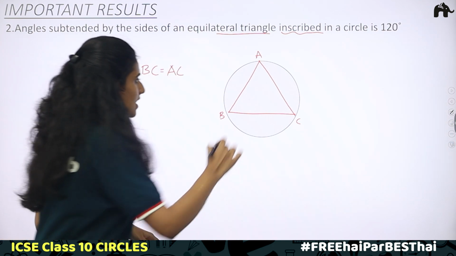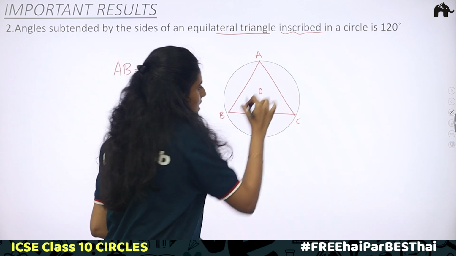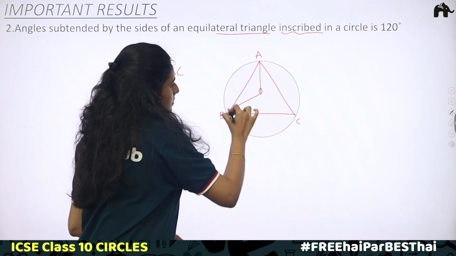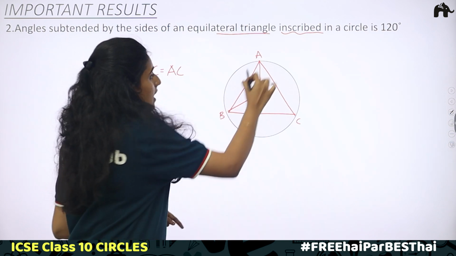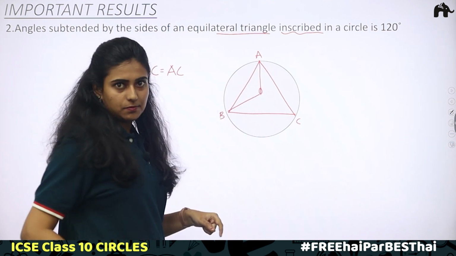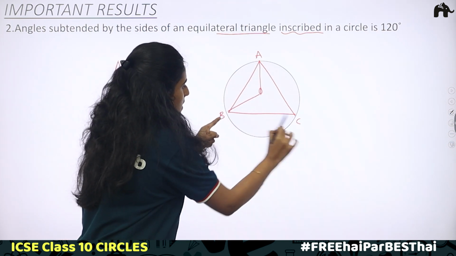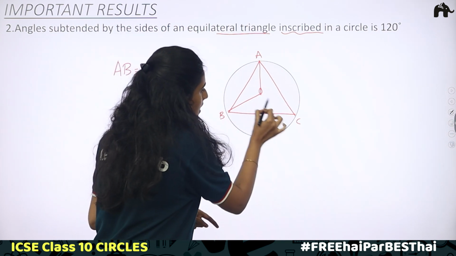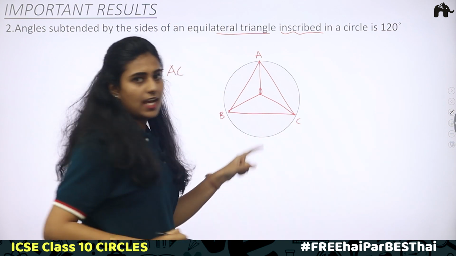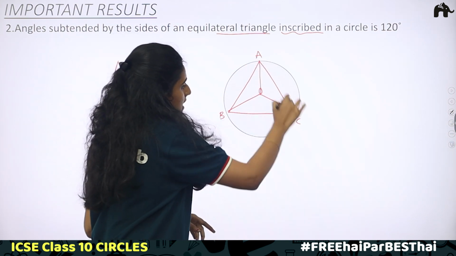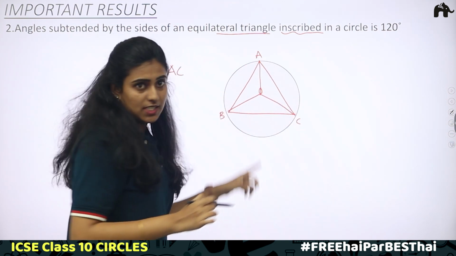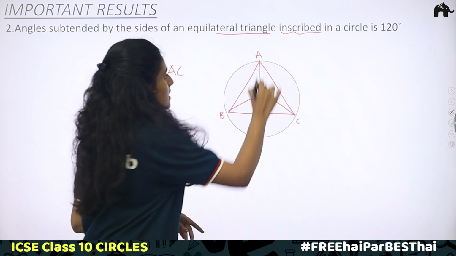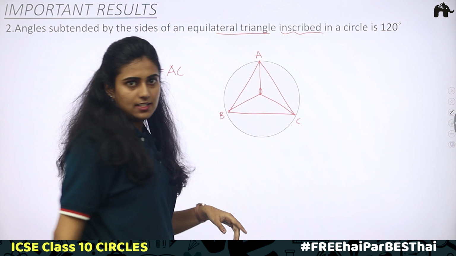We have studied a result. Now, here we have the center O. AOB is the angle subtended by AB at the center. The side BC, which is a chord of the circle, subtends angle BOC at the center, and the side AC of triangle ABC, which is a chord of the circle, subtends angle AOC at the center.